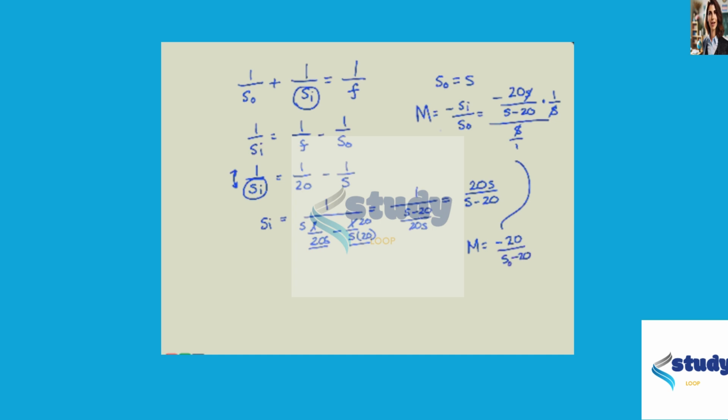Now, this equation is a 1 over X equation, which means if I were to plot magnification versus distance, I would get an equation that looks like this. Now, this is actually going to be our focal point, and at our focal point we don't have an image, which is why you can see that those lines don't actually cross at that point.